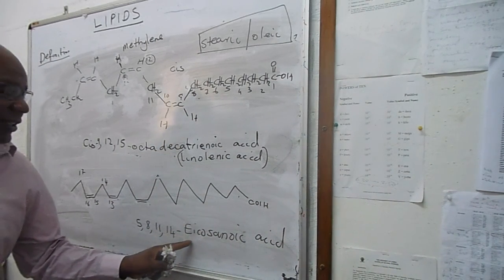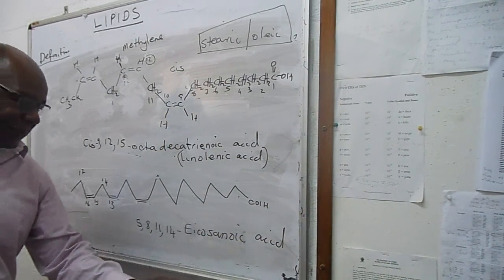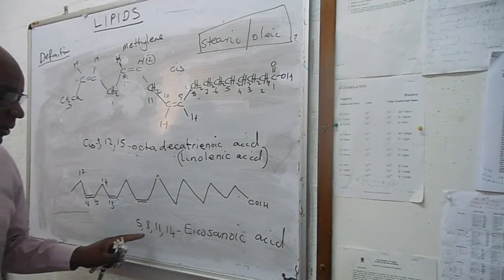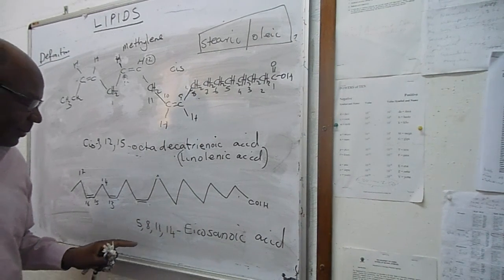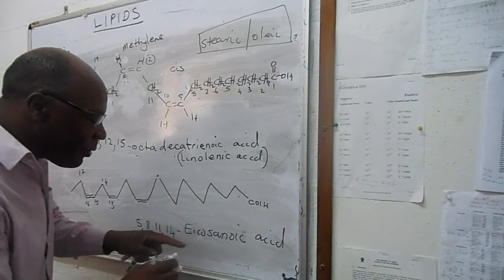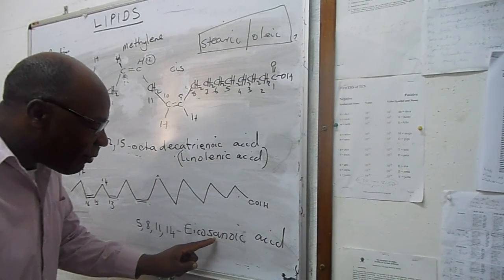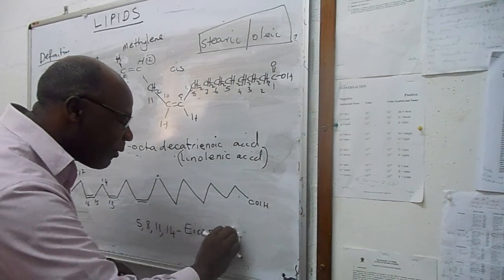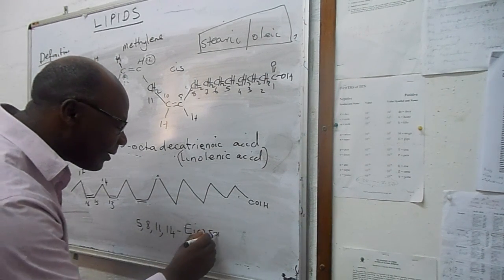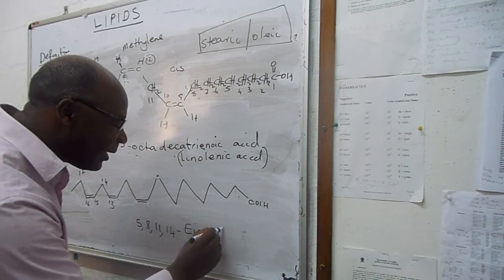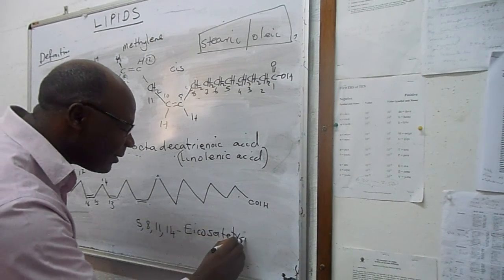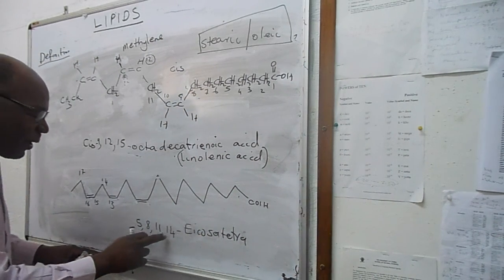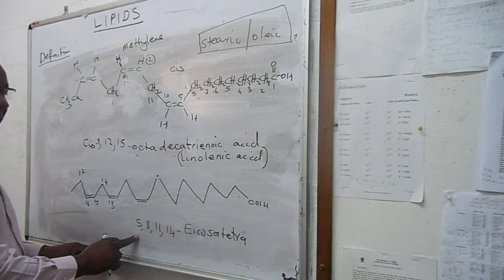Since this has 4 double bonds, between the A of Sa and the N of noic acid, we bring the prefix tetra. So eicosanoic tetra. What is tetra for? 1, 2, 3, 4 double bonds.